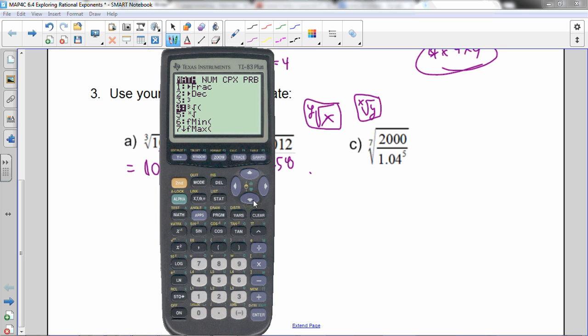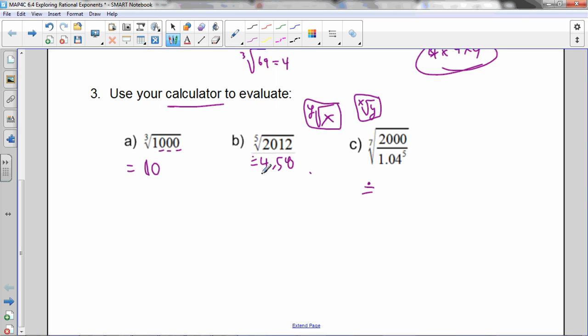It's kind of like the 7 takes the place of the x, and so it's going to be the 7th root of, and it's a big long expression underneath the bracket, so I want to put this in brackets. 2000 divided by 1.04, and that's my exponent button, 5, end bracket, equals. Okay, so that's about 2.88, and it's rounded, so I put in approximately equal to.